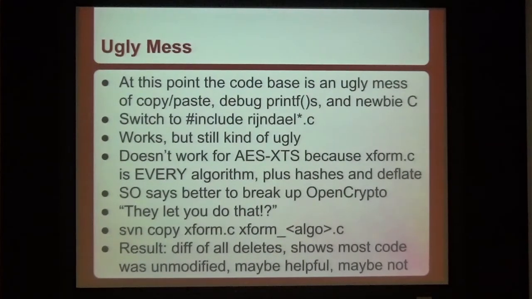So the diff that I posted was quite long, but only consisted of deleted lines. And you can see that I hadn't modified any of the actual crypto algorithms. I'm not sure if that actually made it easier to review or not. But yeah, they kept the history, and importantly, it showed that I didn't actually change any of the crypto algorithms. Because I wanted to make sure I didn't accidentally change one of them and break something.